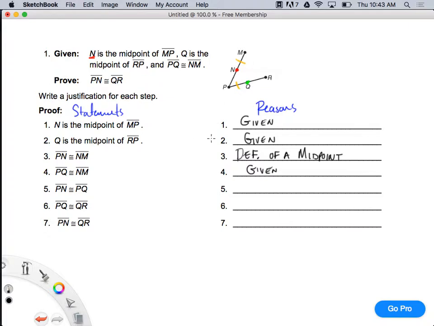Transitive. Good. Look, PN is congruent to NM, and PQ is congruent to NM. So look, they're both congruent to NM, PN and PQ. Therefore, I know PN is congruent to PQ, and I know that based on the transitive property of equality. You see that, guys? Okay, good.